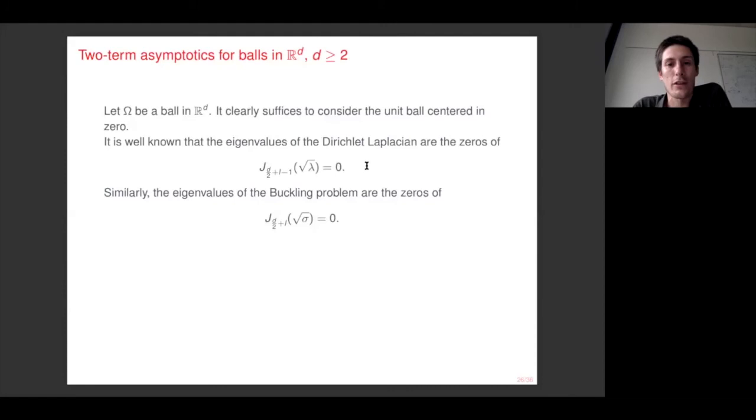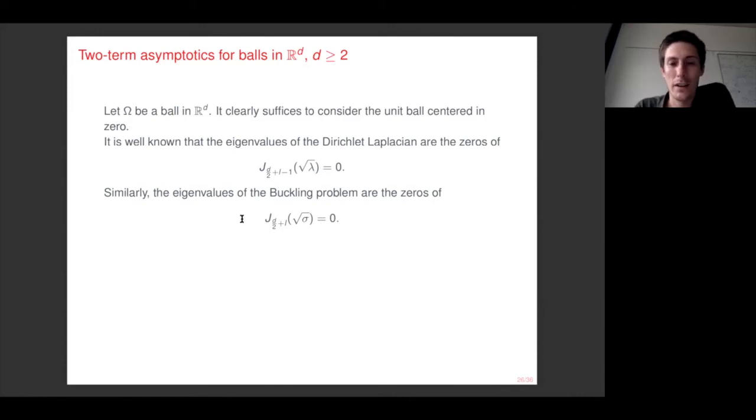So let's start with the case of balls in R^d. It suffices to consider the unit ball centered at zero, by translation invariance and by rescaling. By passing to spherical coordinates, it's well known that the eigenvalues of the Dirichlet-Laplacian corresponding to angular momentum L are the solutions of this equation here, where J is the standard Bessel function of the first kind.